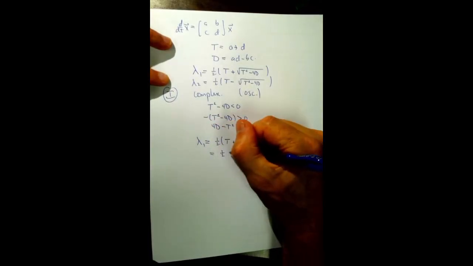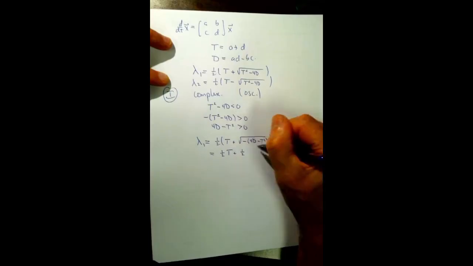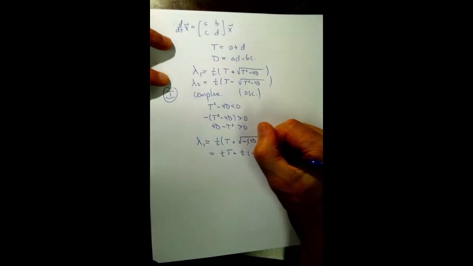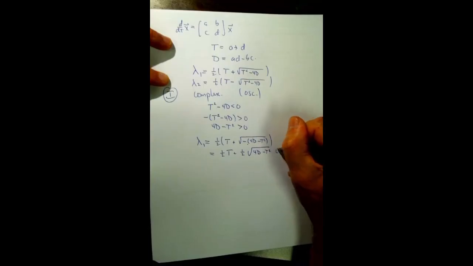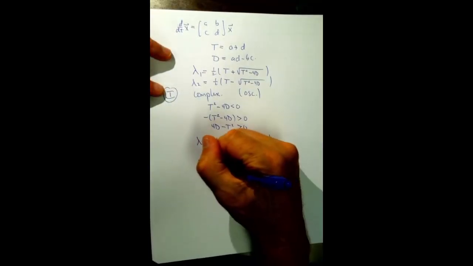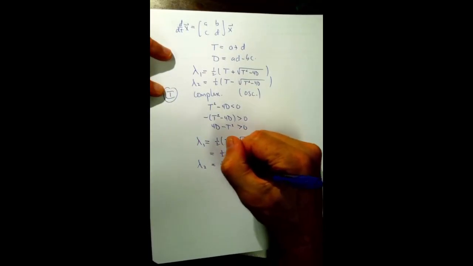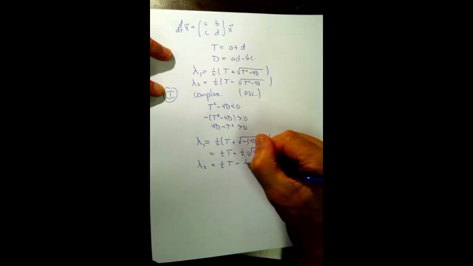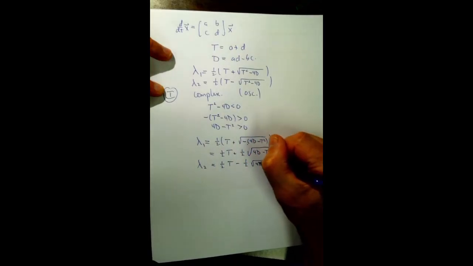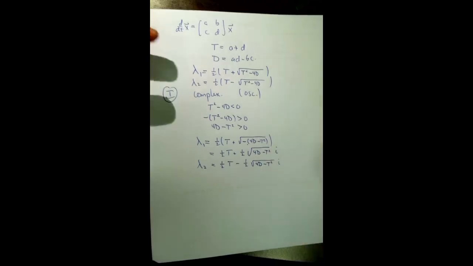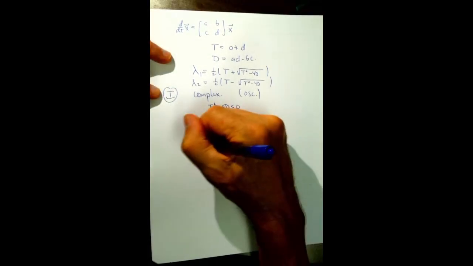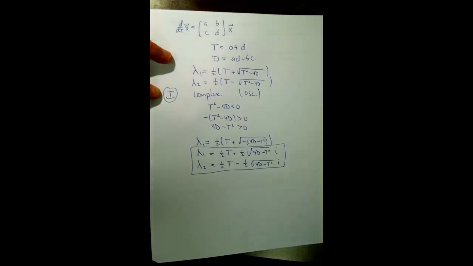So this becomes 1/2 T plus 1/2. Now if I factor out the square root of minus 1, so I leave the 4D minus T squared alone, that becomes an i. And likewise, I'm going to get a negative of the same thing here. So my lambda 1 and my lambda 2 look like that.